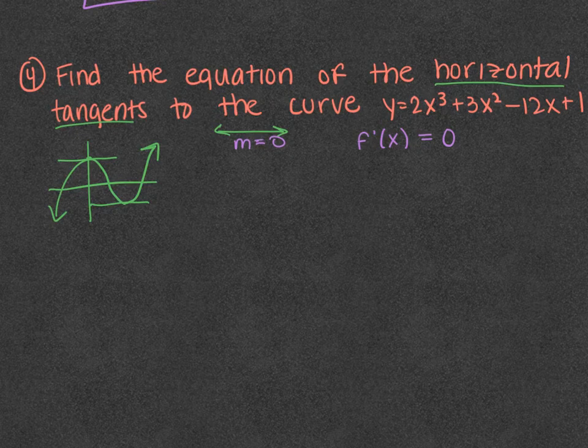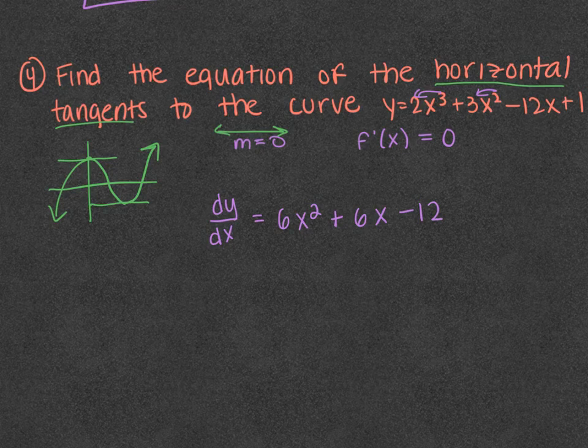Okay, so let's find the derivative. We have dy over dx equals 3 times 2 is 6, so 6x squared, 2 times 3 plus 6x minus 12. We wanted to find when this derivative is equal to 0, so I'm going to take 6x squared plus 6x minus 12 and set that equal to 0.